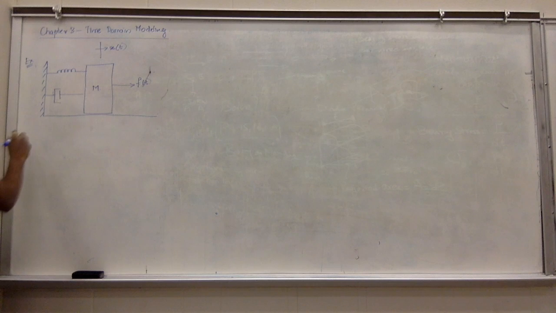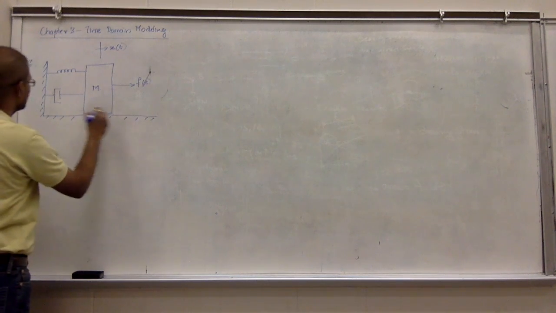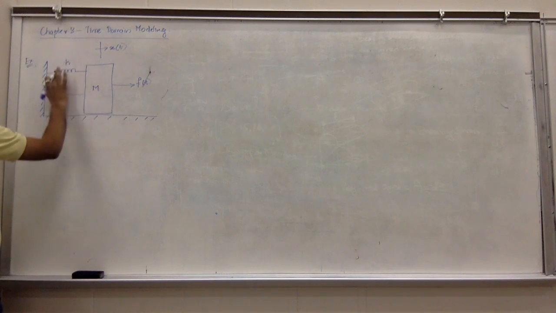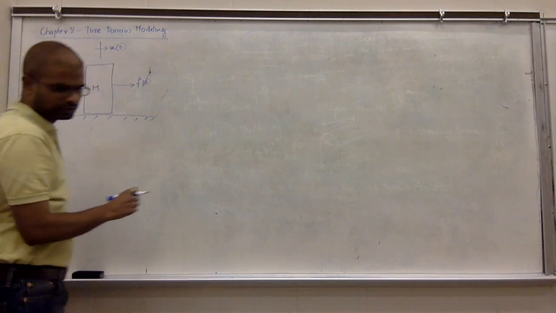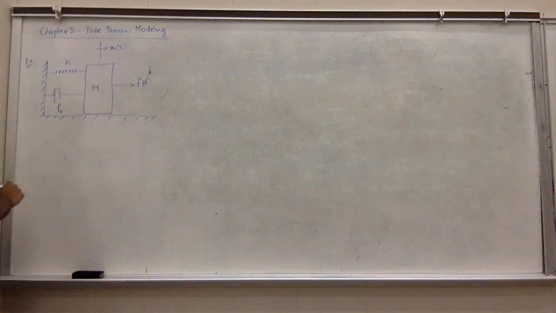So this is a typical spring mass damper system. I'll use f b, spring constant K, damper with damping coefficient f v, right?